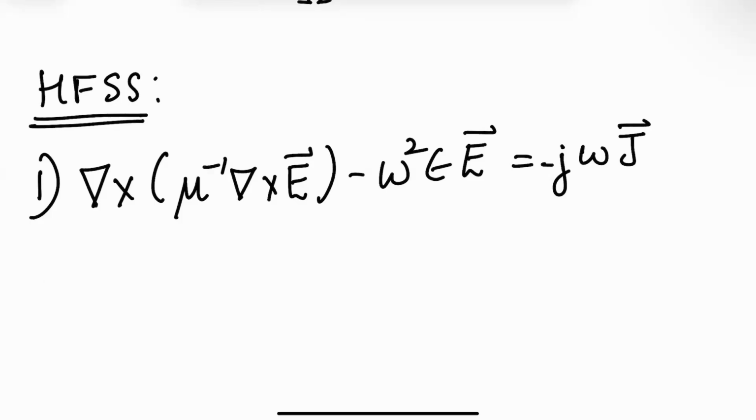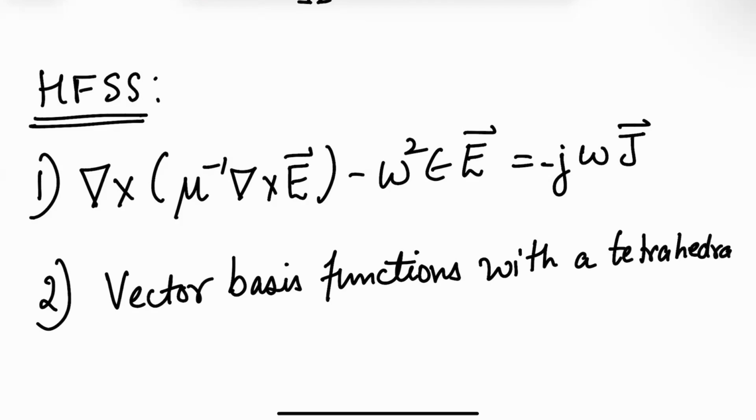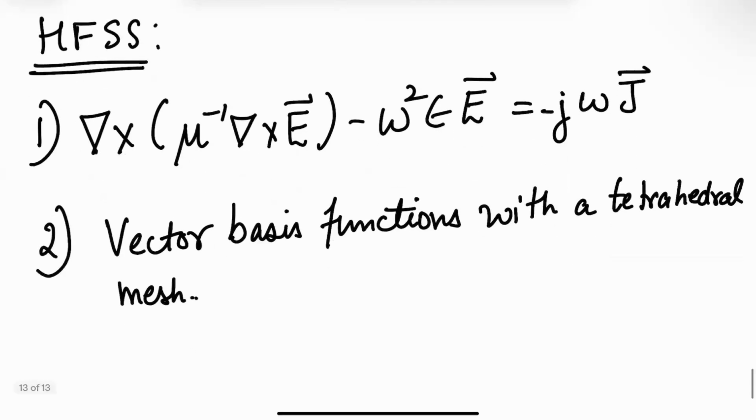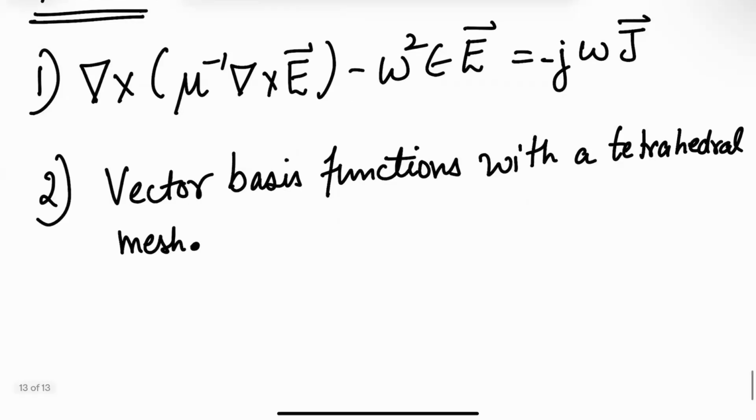The second thing is that it uses vector basis functions with a tetrahedral mesh. We saw in the 2D waveguide problem that you use a triangular mesh. A 3D version of that is a tetrahedral mesh. These vector basis functions are special.